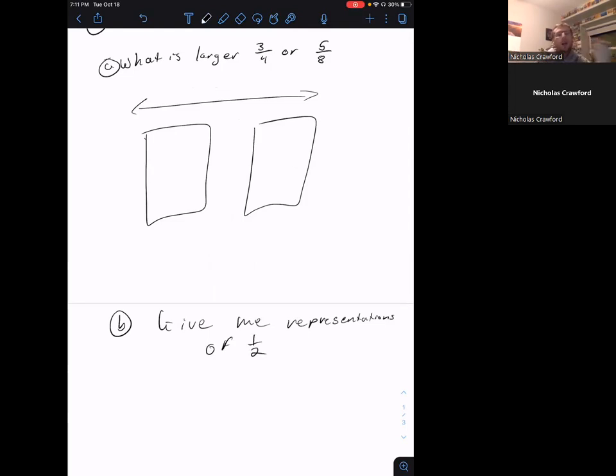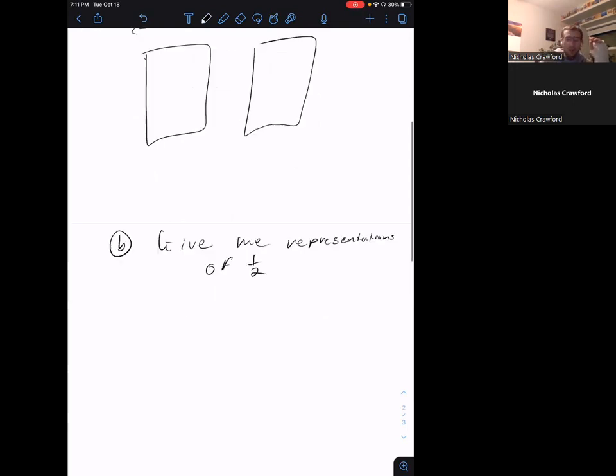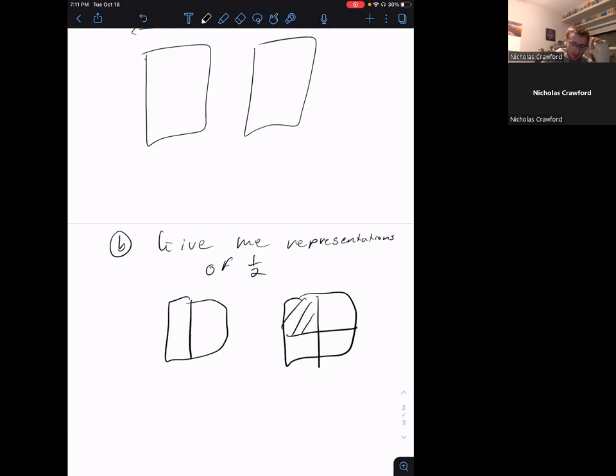And I could say, use 2 different sizes of wholes, right? So this is a half. The other thing that's a half, that's a half, right? Those are both 1/2, but those are 2 different sizes. One of them I split into 2, the other I split into 4, stuff like that. Okay. So that's basically what the first part is.